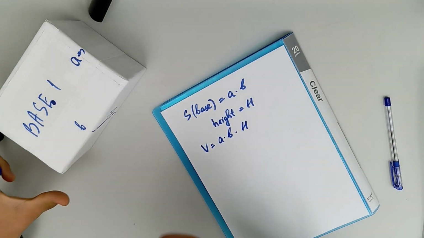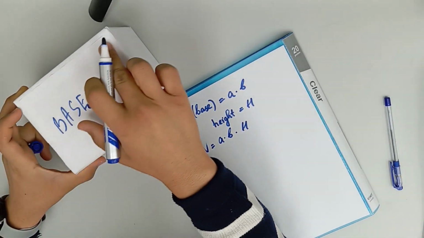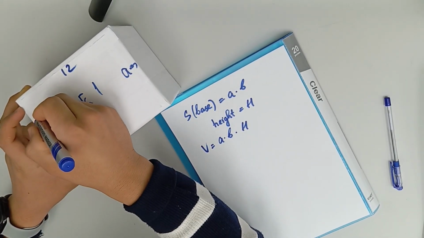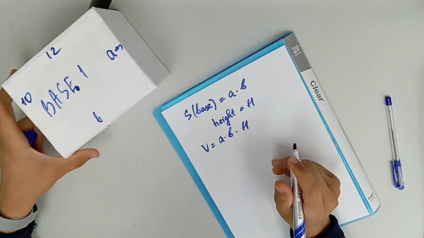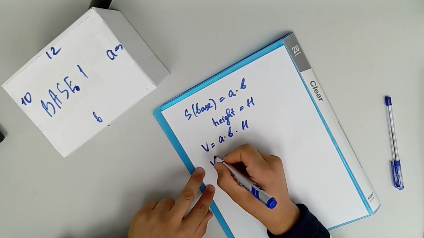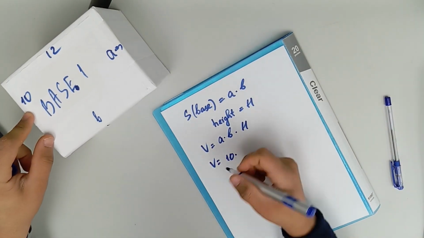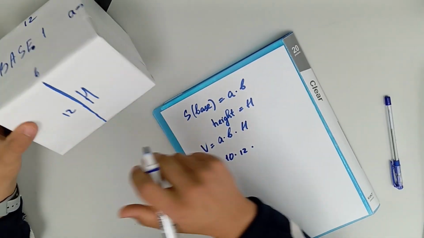For example, in this case, I already calculated the measured distances. This is 12 and this is 10. The h is also 12. In this case, what is the volume? The a is equal to 10, b is equal to 12, h is also equal to 12.